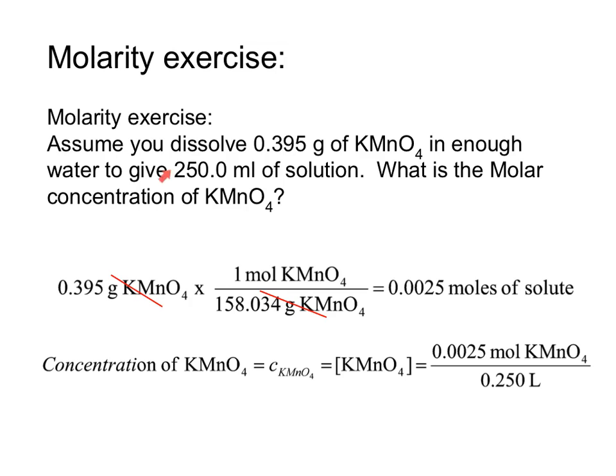And so we have to convert our 250 milliliters to 0.250 liters. And so 0.0025 divided by 0.25 gives us a final concentration of 0.0100 molar. Take note of the significant figures in this calculation as well.